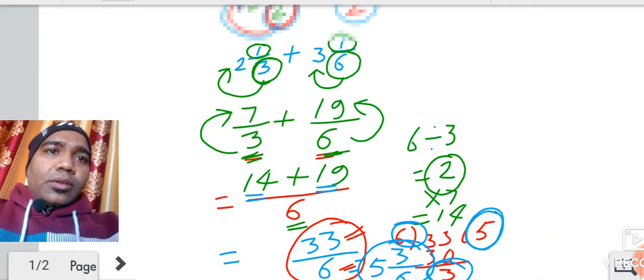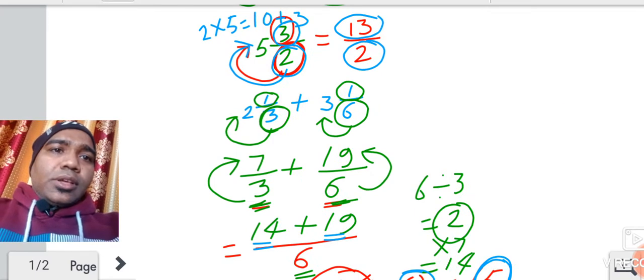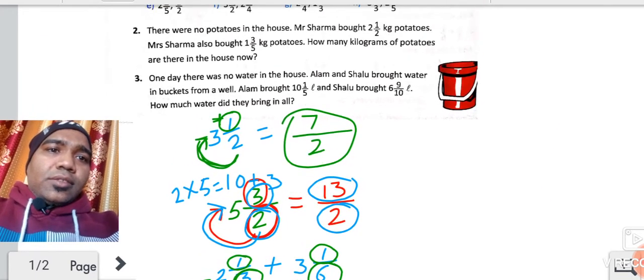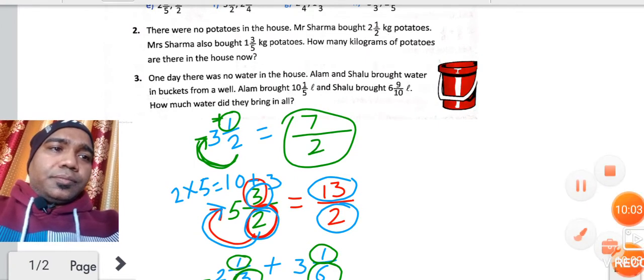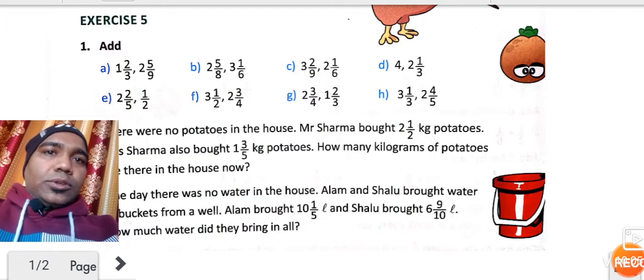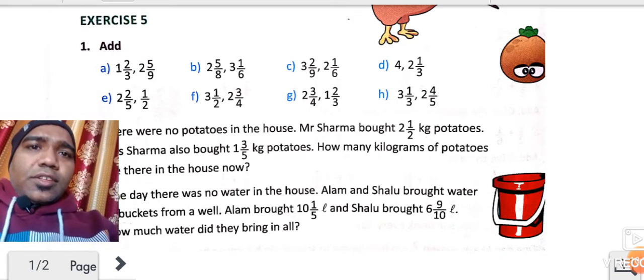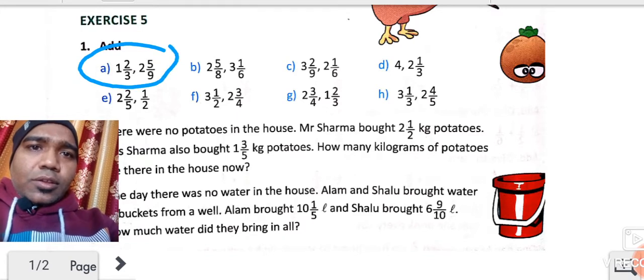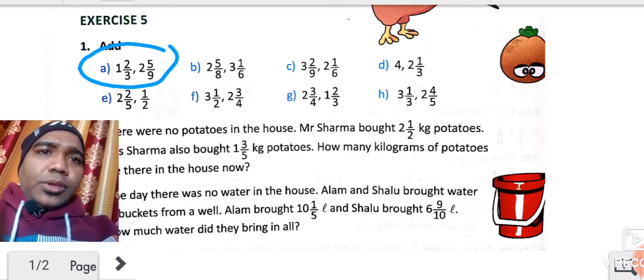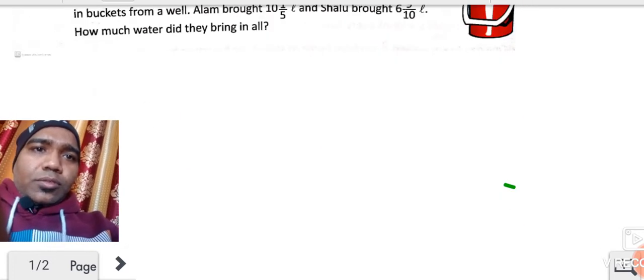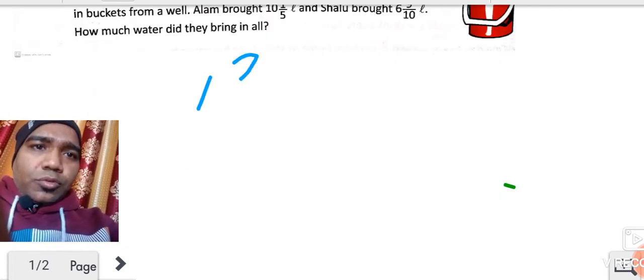Okay, so now we'll come to the exercise question. In the exercise question, what is there? This is our exercise 5, question number 1a. What is there? 1 whole 2 by 3 and 2 whole 5 by 9.